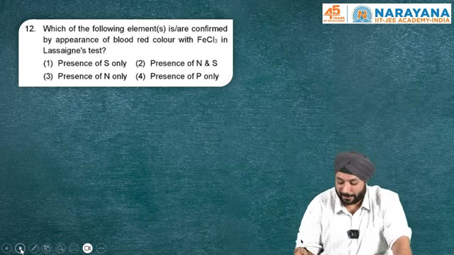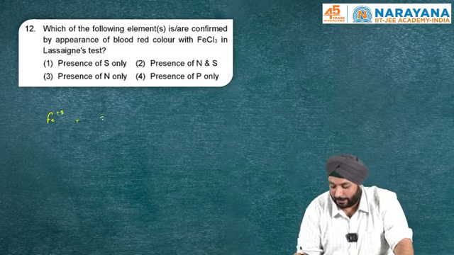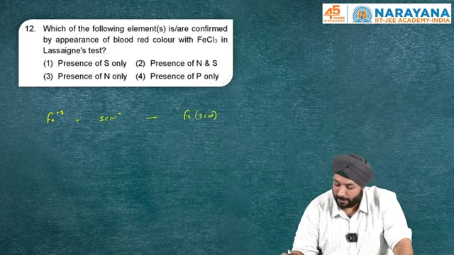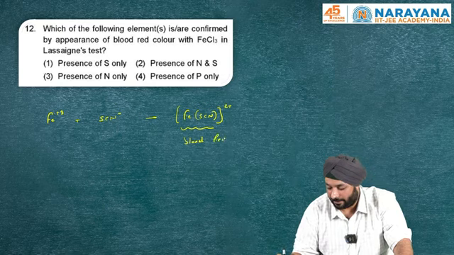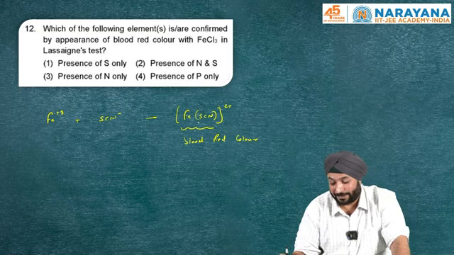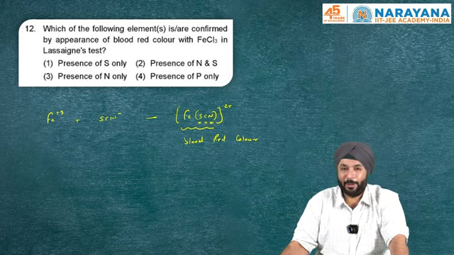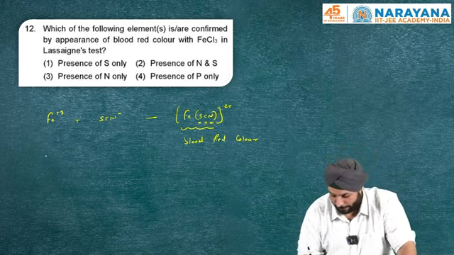Now, blood red color, every one of us knows that when Fe3 plus reacts with thiocyanate, it results in the formation of the complex [FeSCN]2 plus, which has a blood red color, and we know that we require sulfur, carbon, and nitrogen, all 3 elements, in order to produce an ionic compound, that is thiocyanate. I'll just give a brief about that.